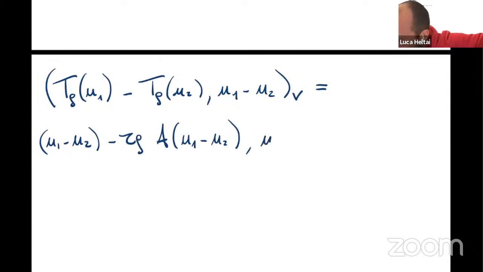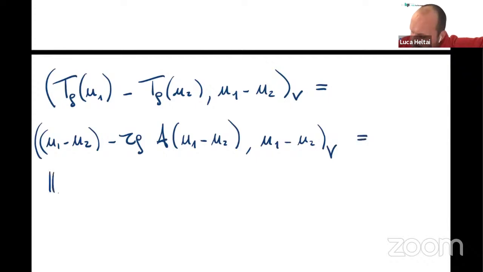And then I test this against U1 minus U2 in the scalar product of the space capital V. Okay? If I do this, by definition of the scalar product and by definition of the norms, this is exactly equal to the norm of U1 minus U2 squared.